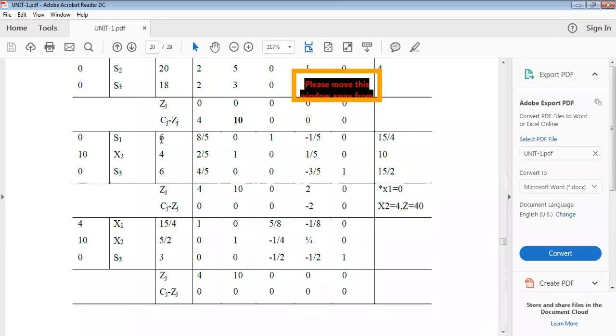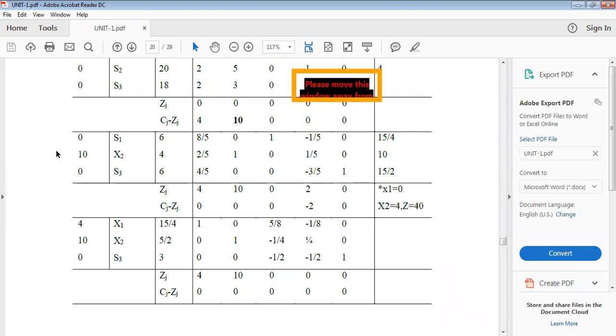Gone for the ratios means, so this particular x1, he has marked like this, x1 is equal to 4. And to make this particular 8 by 5 into 1, you multiplied by 5 by 8. So 5 by 8 into this 6, you got like this. 5 by 8, all these things he has carried out. Next, similarly, this 2 by 5, he made 0. 4 by 5, he made 0.